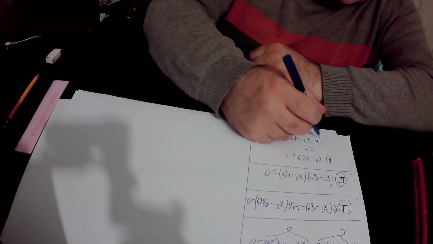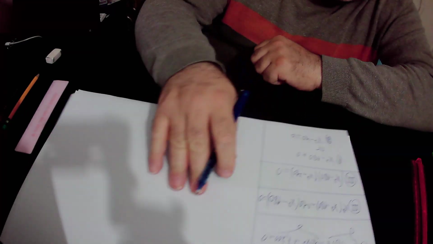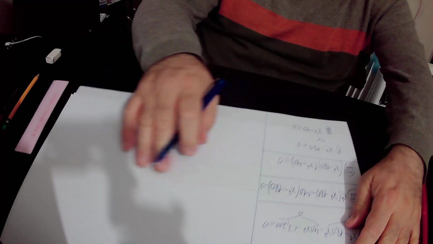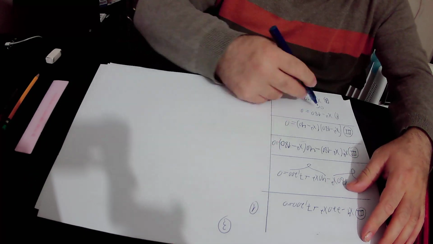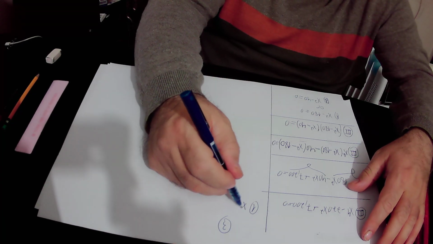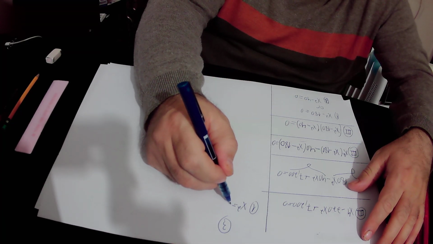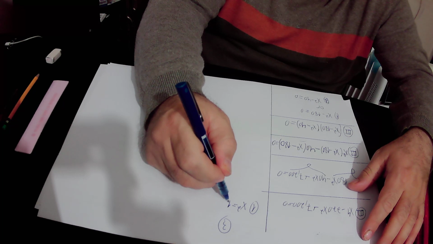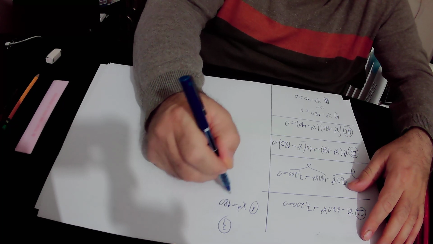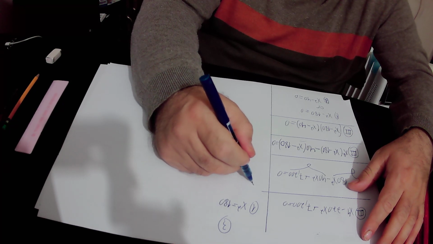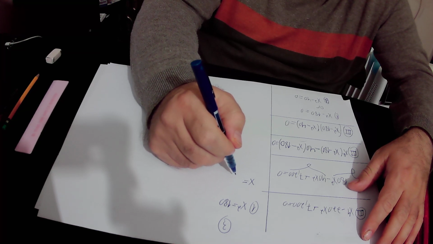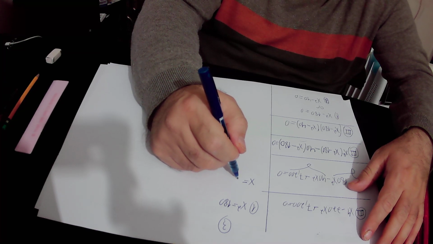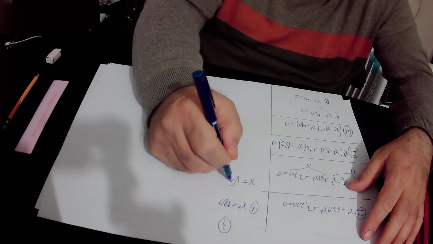So we'll start with the first solution. According to this equation, we get that x squared is equal to 180, and so x is equal to the square root of 180.